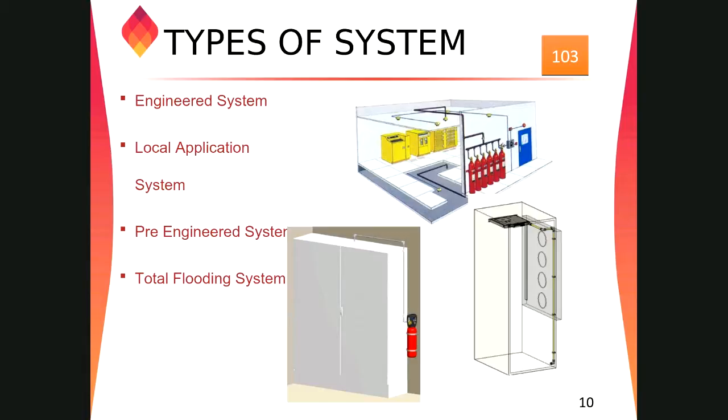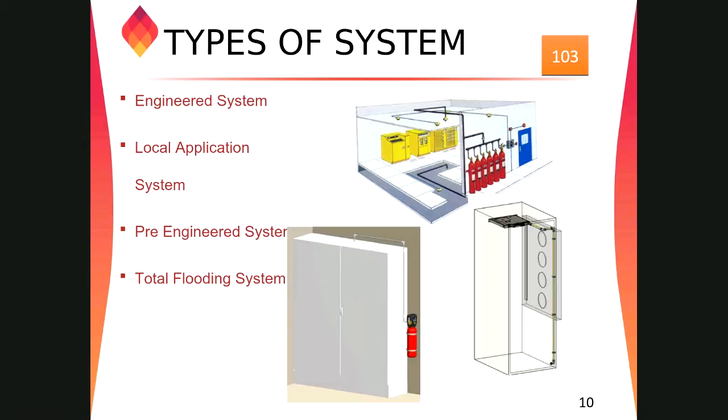And then we have the types of system, right? Different types of system we have for the gaseous suppression system. We have engineered system, local application system, pre-engineered system, and the total flooding system. In the local application system, if you can see this arrangement, this is a cabinet.